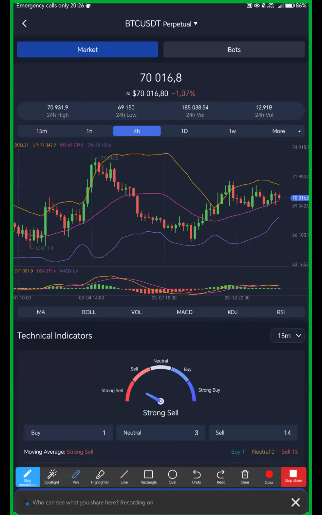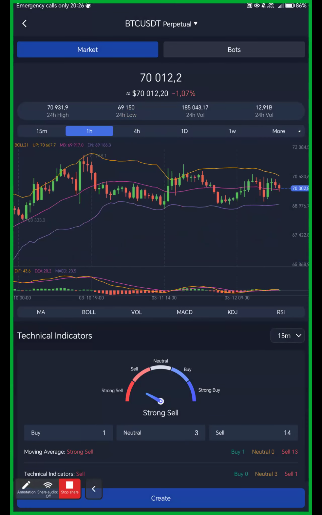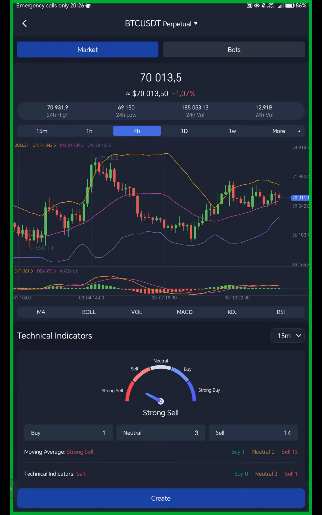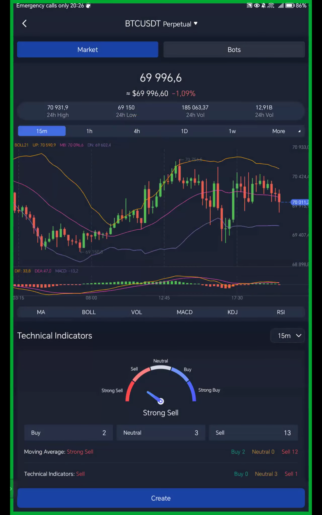If you want to check it in 1 hour, you're going to tap on 1 hour. See, the display in 1 hour is different compared to the 4-hour display. Can you see the 4-hour display? Can you see the 1 hour display? Can you see the 15 minutes display? Right? So you want to check the market. How does it look in a shorter time frame, which is 15 minutes?